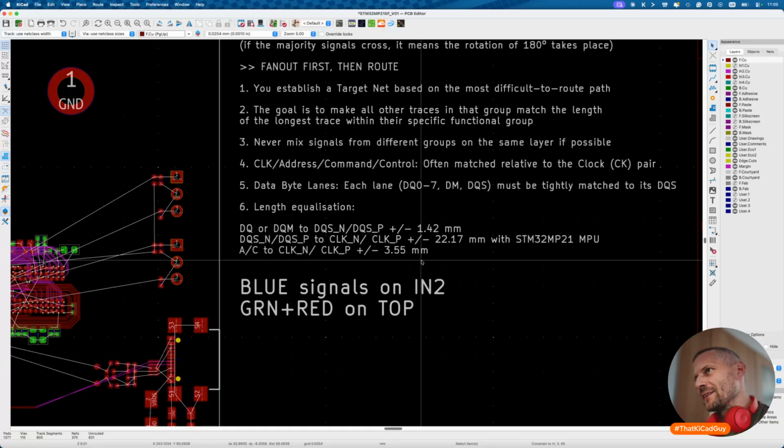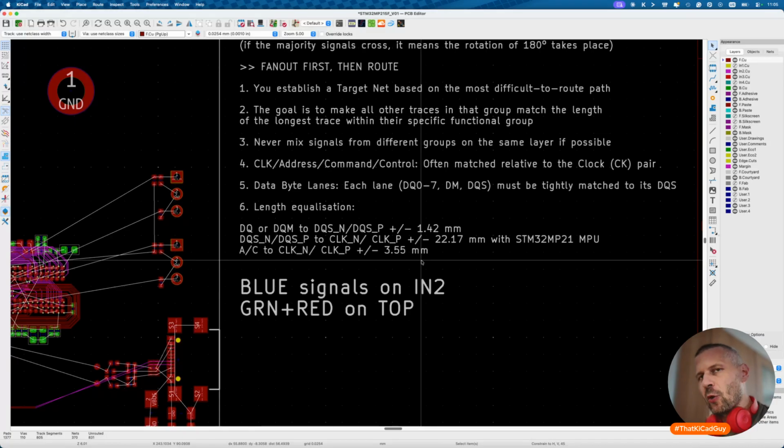But I suppose that both these groups can't be matched so tightly, because this is the reason of the strobe signal. The strobe signal marks the validity of the data signal. So this is the reason why the data signals must be tightly matched to the data strobe signal.